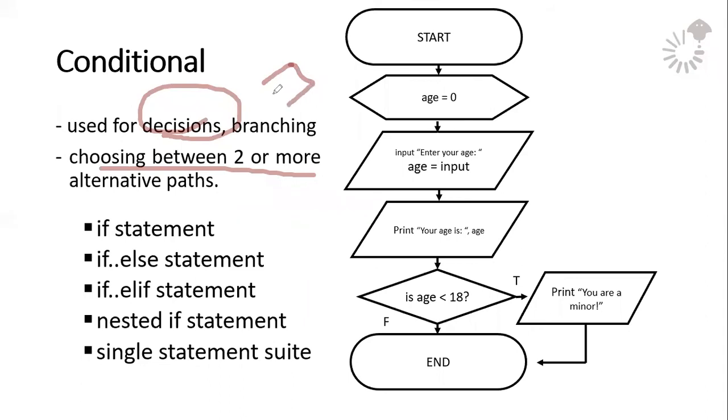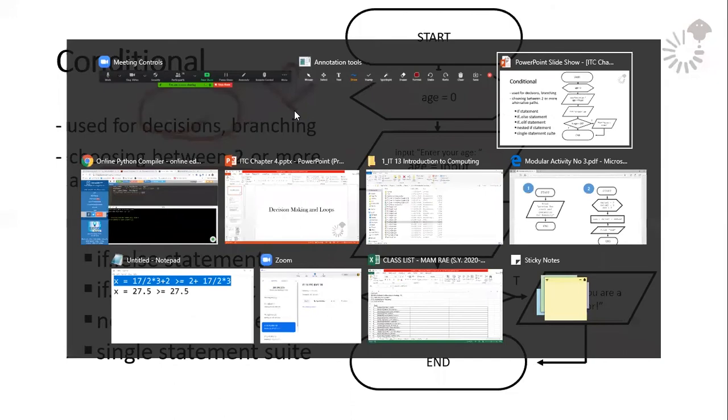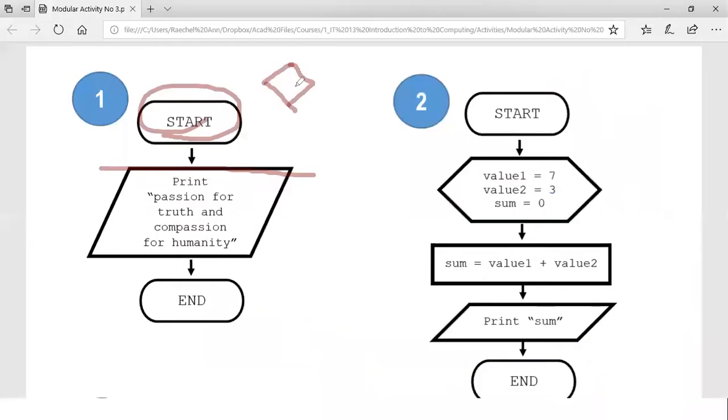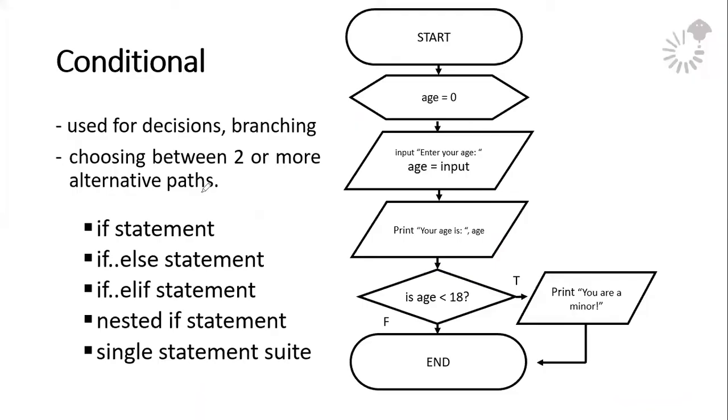It asks a question that is answerable by true or false. So when it's a decision, it's conditional. Our conditionals are the if statement, if-else statement, if-else-if statement, and nested if.